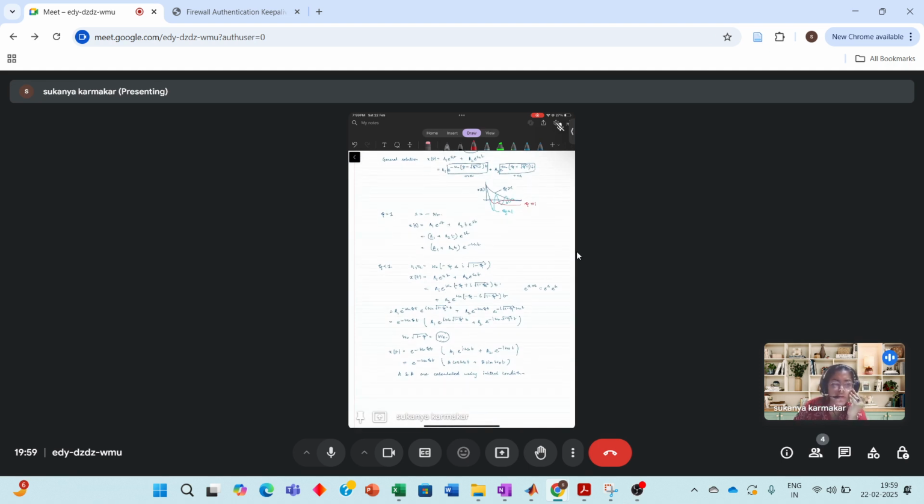Otherwise, I can't think of any reason, because it's the same thing. Whether you do it in exponential terms or sine cos, it hardly matters.